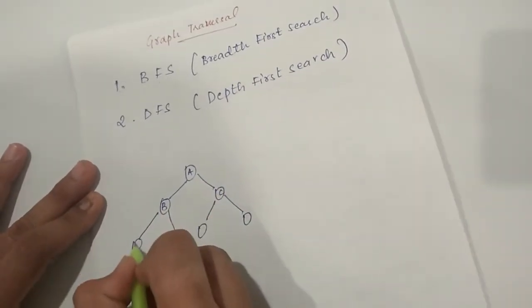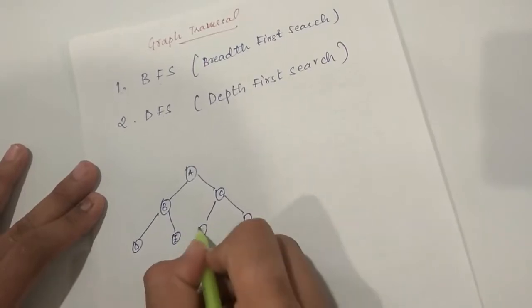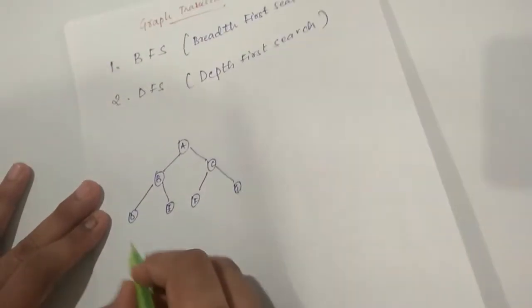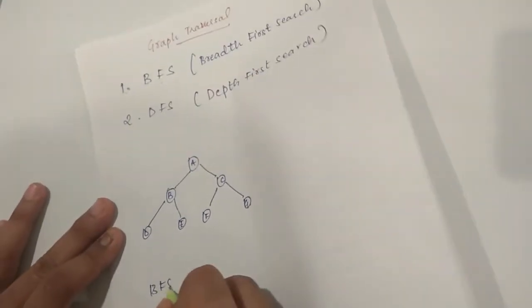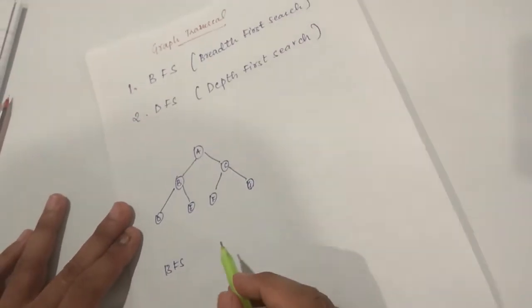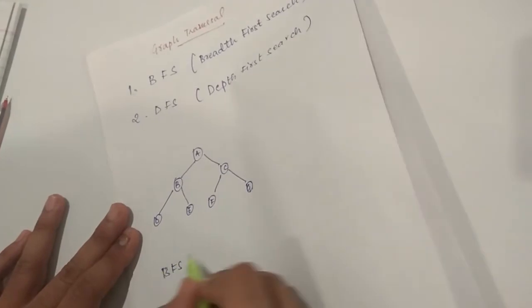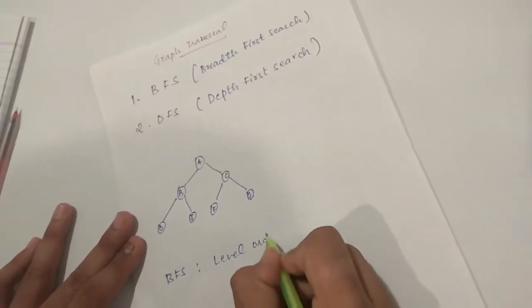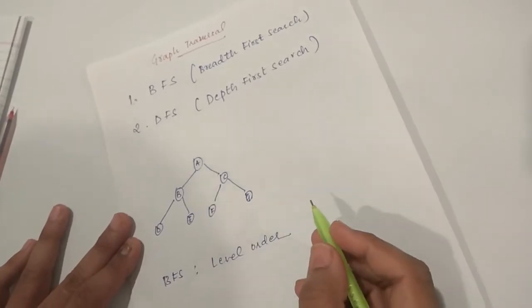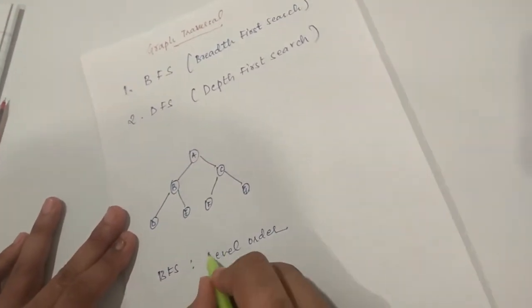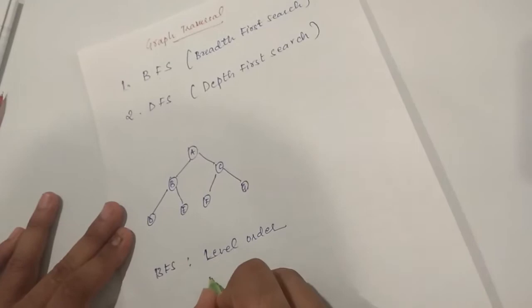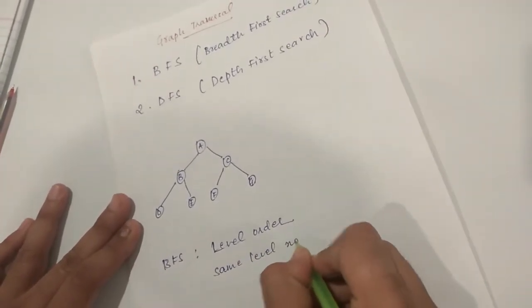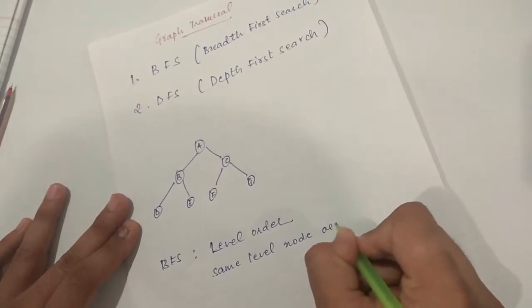So this is your basic tree, which is A, B, C, D, E, F and G. Now in this, let us try to apply BFS and DFS traversal. Now BFS refers to breadth first search, or you can say level order, or you can say your BFS works based upon the level, or you can say all the same level nodes are visited first.